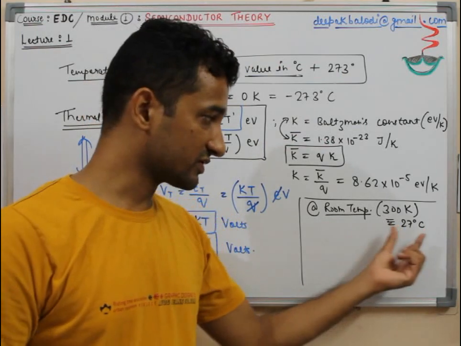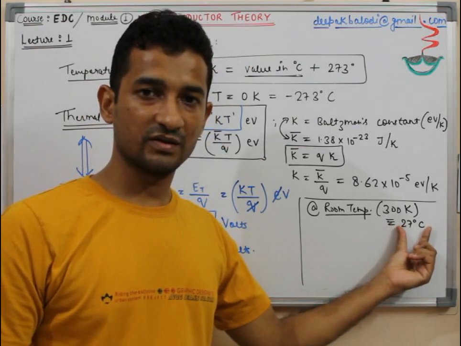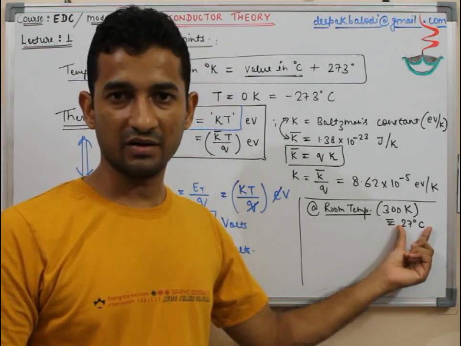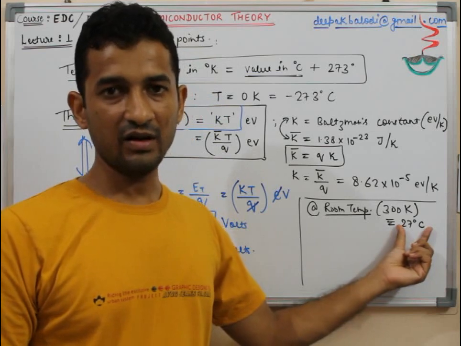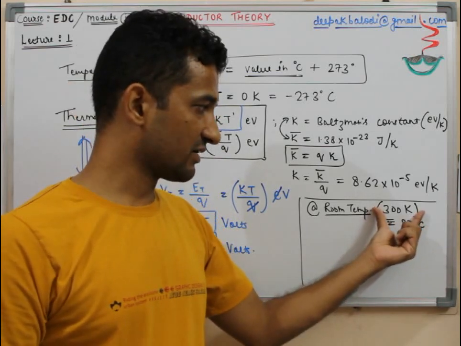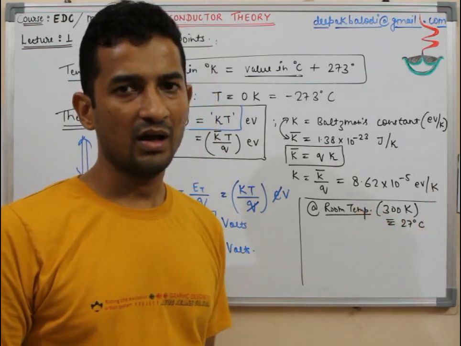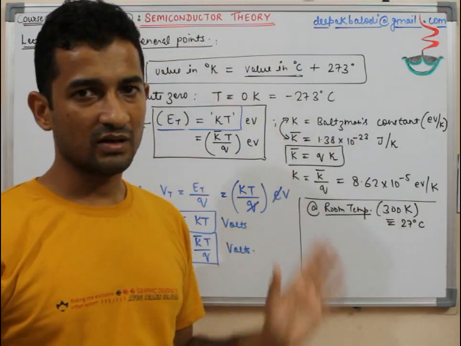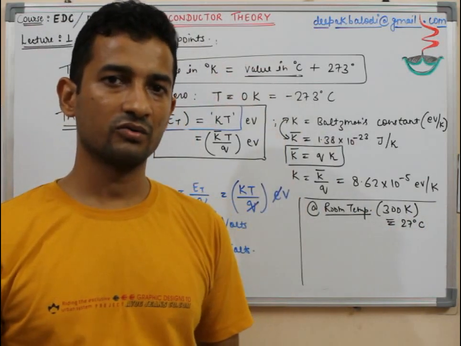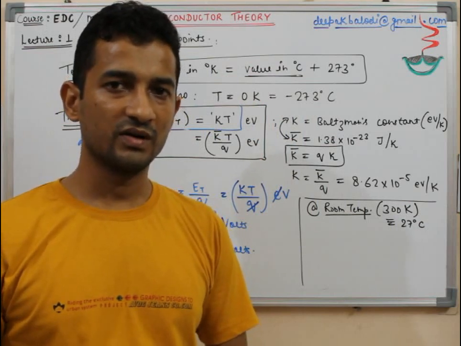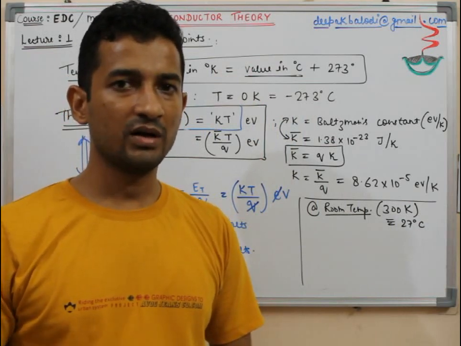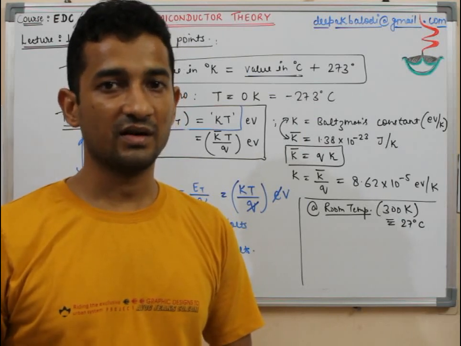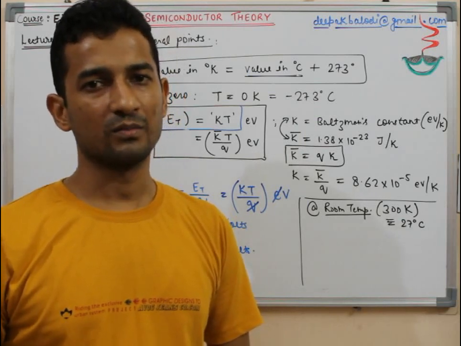Although this is not a universal value, at different places of this world, room temperature may vary from 10 to 15 degrees to 40 to 45 degrees. But just to come up with some standard, with some good value as 300 K, it is sufficient. And also, lots of our results in the semiconductor theory or in diodes or in electronic circuits, we'll see that a 10 or 20 degree centigrade or degree Kelvin difference in temperature will not matter much.